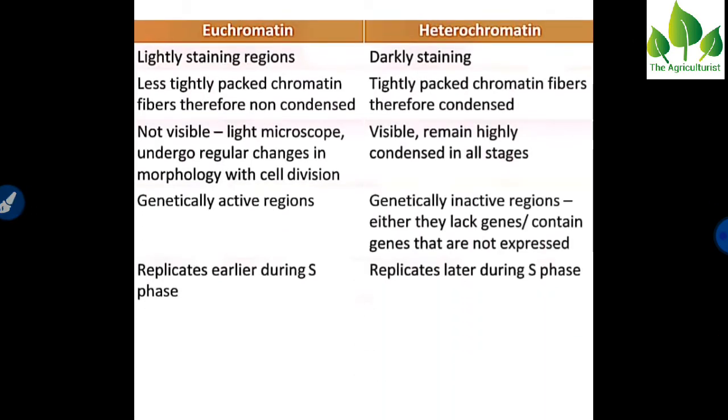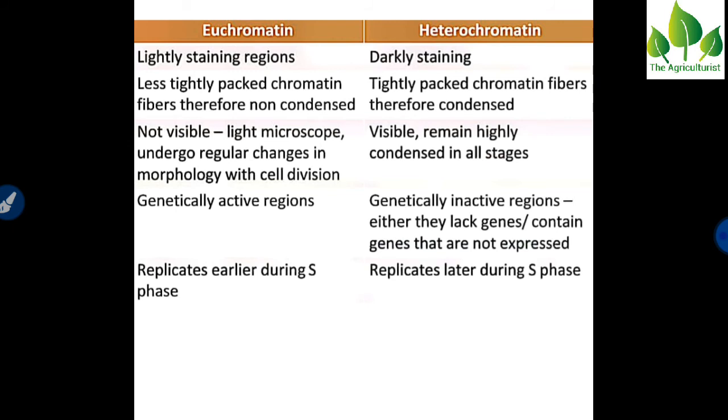Now we differentiate between the two. First one is euchromatin and second one is heterochromatin. As I previously showed you in a picture, it is the lightly stained region and the darkly stained region. Euchromatin has less tightly packed chromatin fiber, therefore non-condensed or less condensed. Heterochromatin is highly, tightly packed, so it is the condensed, highly condensed, dense region.